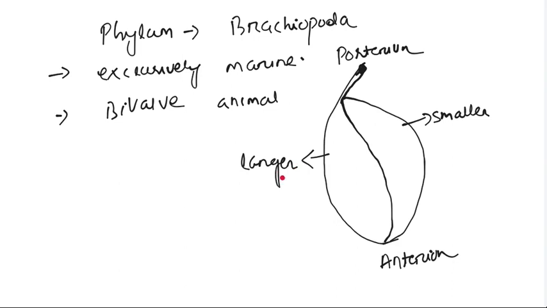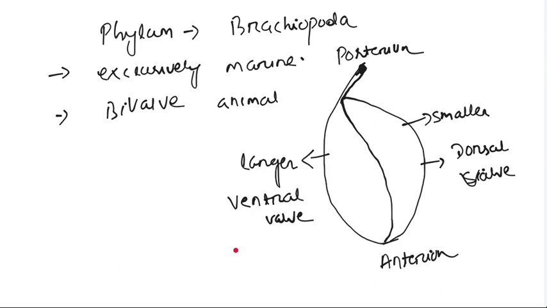The larger valve is called the ventral valve. That is the ventral side. This is the dorsal side, the smaller side. The ventral valve is otherwise called the pedicle valve. The dorsal valve is otherwise called the brachial valve.